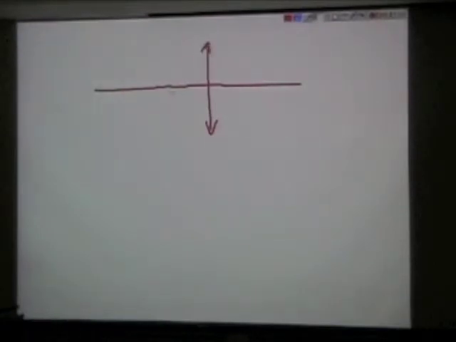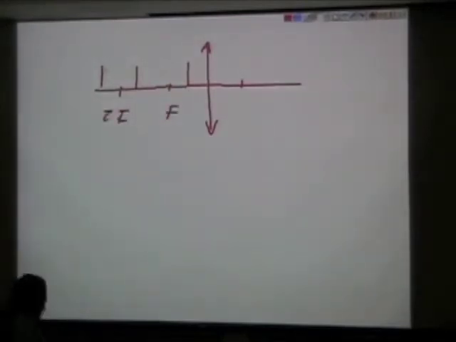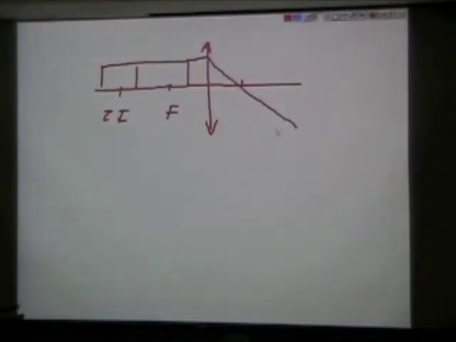So if you have a converging lens, there are 3 important locations: focal distance, double focal distance. This ray is the same for all objects, no matter where the location is, and it goes through the focal point.